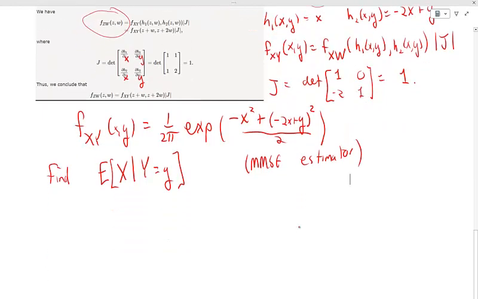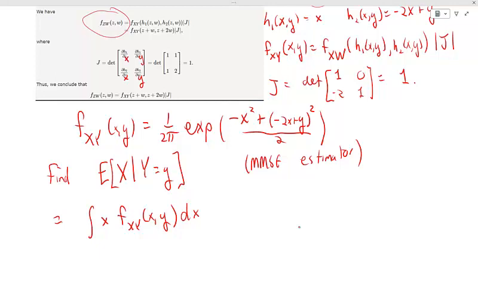So we could write that as an integral. That's equal to the integral of x times f_XY of x, y. Okay, in this case, y is known, so we just treat y as a constant.